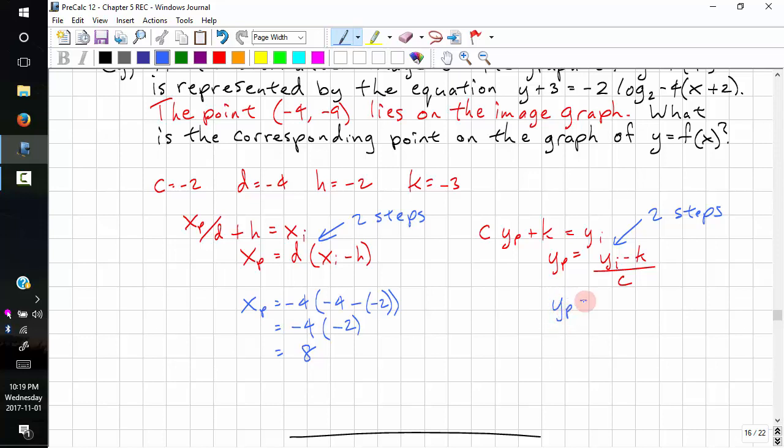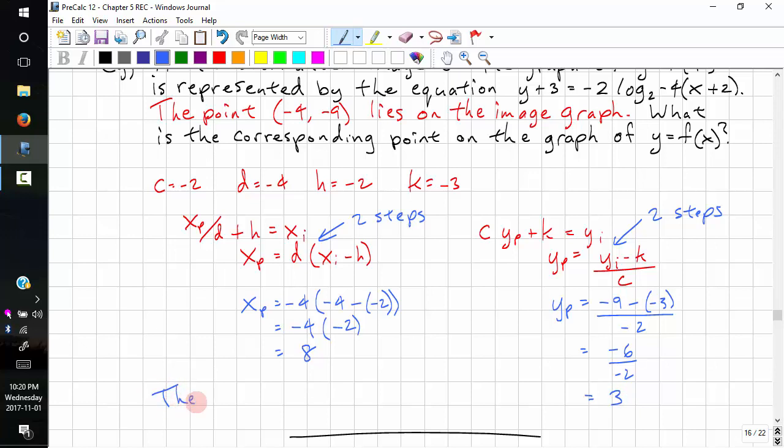y pre-image = (y image, that's -9, minus K, minus -3), all divided by -2. Minus -3 is plus 3. So -9 plus 3 is -6, divided by -2. And that gives us positive 3.